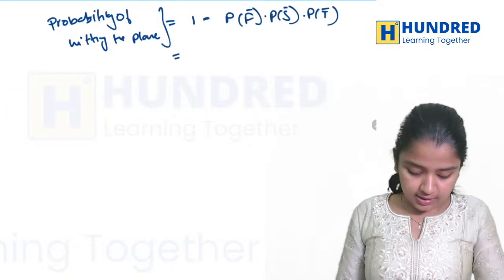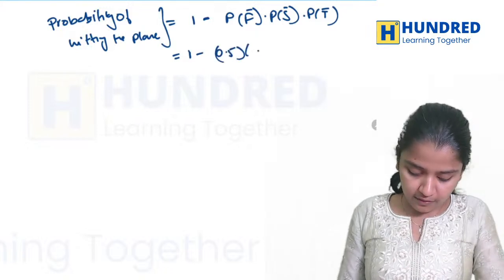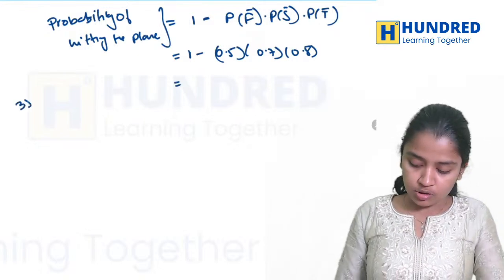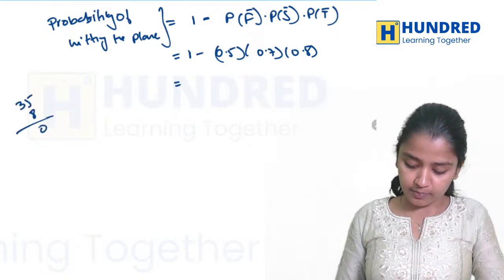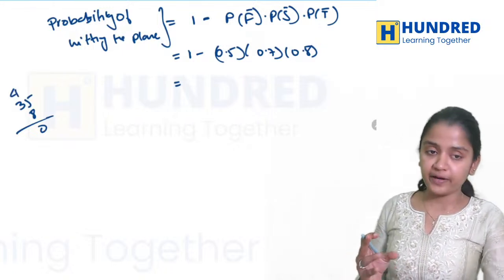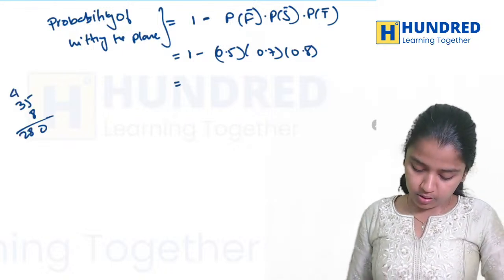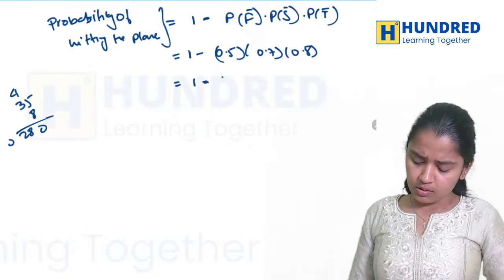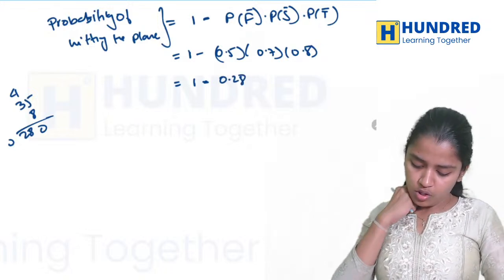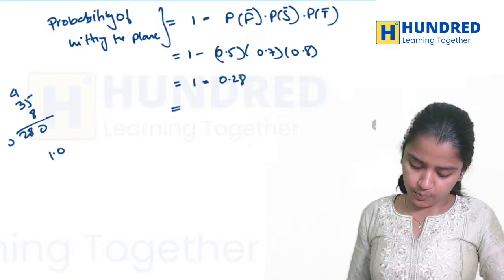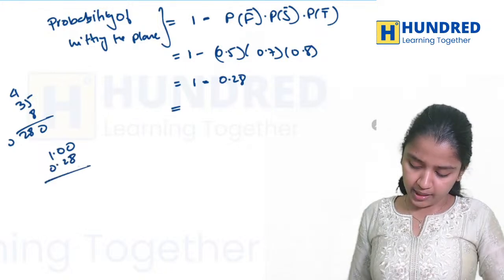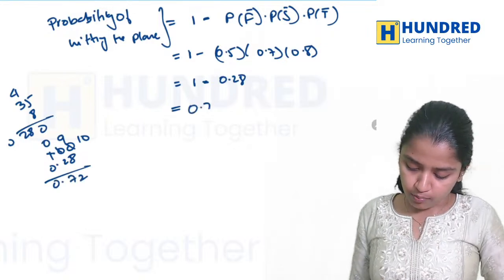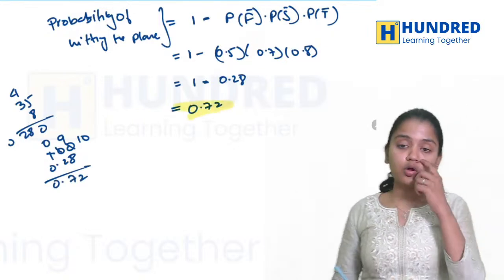Okay, so basically this is nothing but 1 minus 0.5 into 0.7 into 0.8. So 35 into 8 is nothing but 280, so basically 1 minus 0.28. இப்படி வரும். So basically 1.00 minus 0.28, so it will be 0.72. So my probability of that will be 0.72.